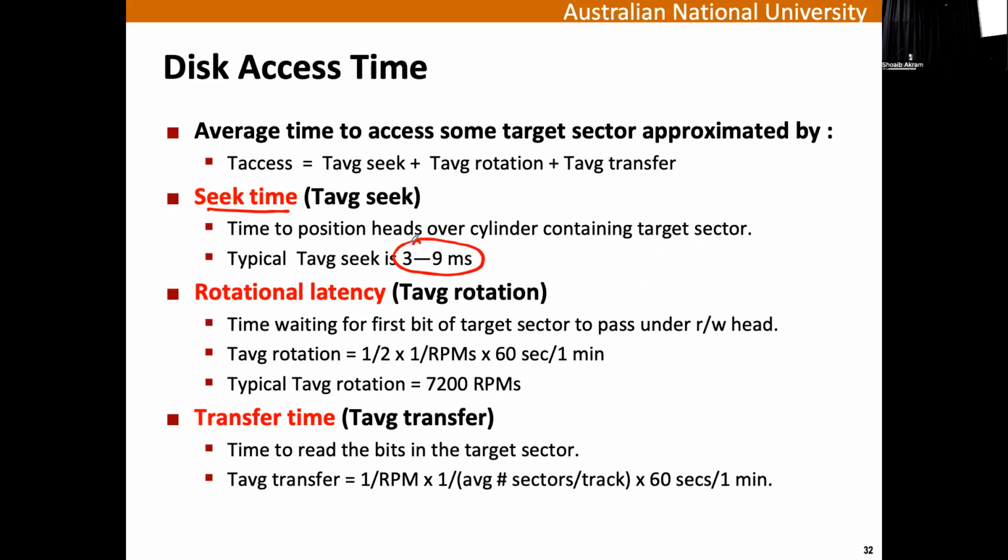You can't do both actions, seek and rotation, at the same time. I don't know if there's technology to do that, but disks today don't do that. The platters rotate together because the spindle is connecting all of them.